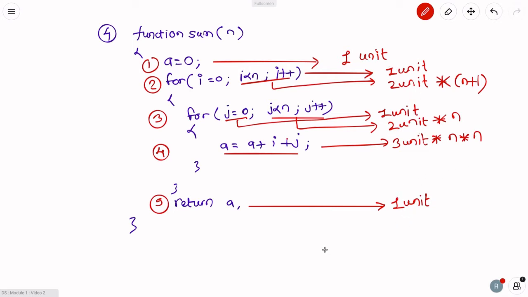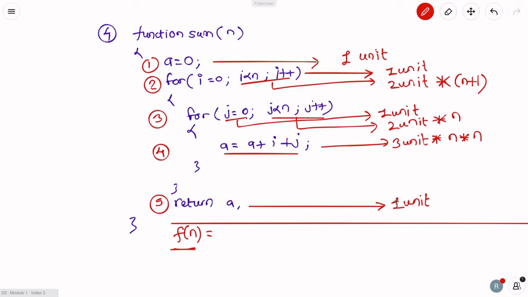So the final step that we are going to do is sum each and every time that we have calculated. So let's write the f of n function, that is the running time function for this program. For this program we require 1 plus 1, that is 2 units, plus 3 units, plus 4 units.